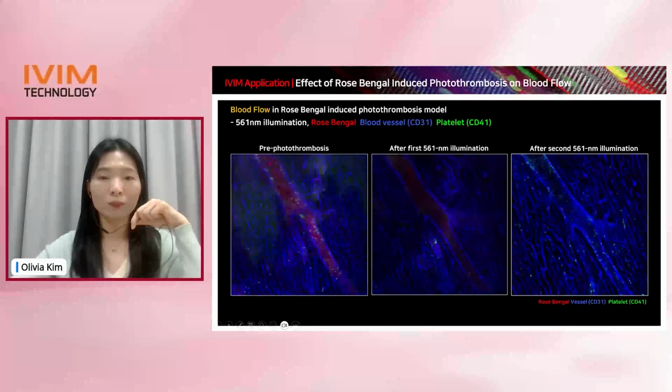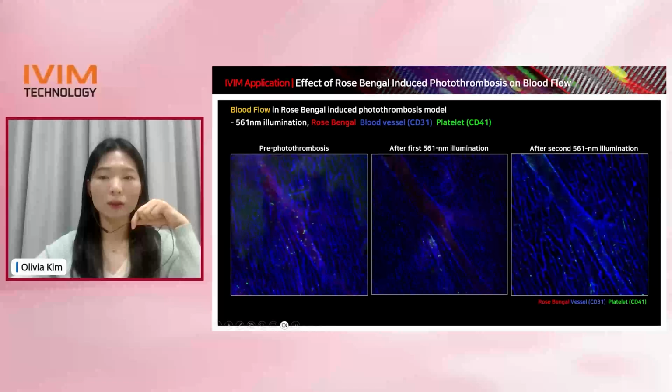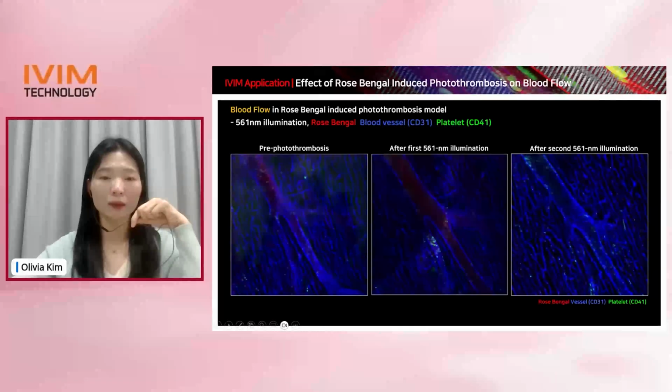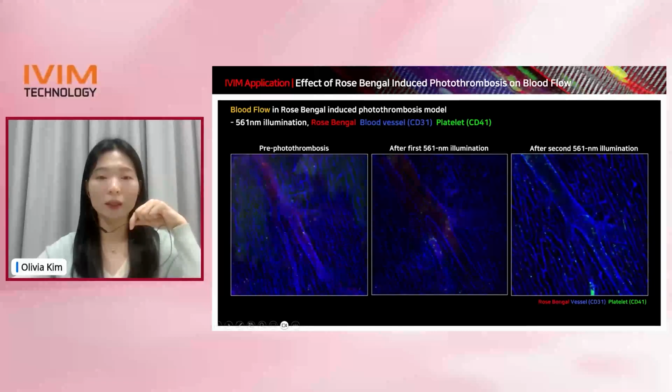However, after laser irradiation, as shown in the second and the third videos, platelet flow becomes progressively disrupted and platelets begin to accumulate within the vessels. These observations indicate that thrombosis is induced by Rose Bengal in combination with laser irradiation.